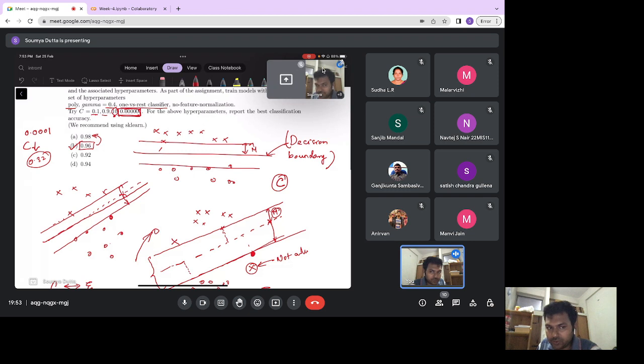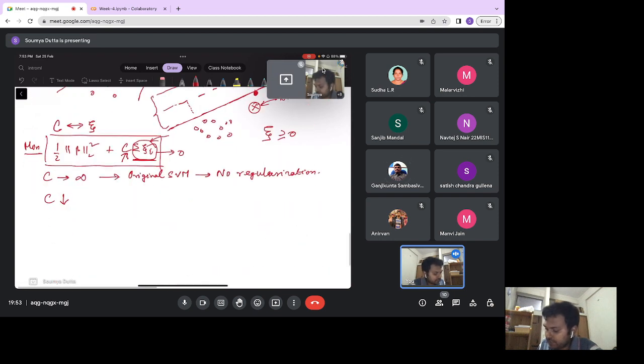Why did that happen? Because with C very low, the SVM solver put many zetas to non-zero values. As soon as it stops learning the training data, it obviously won't be able to do well on the testing data, right?